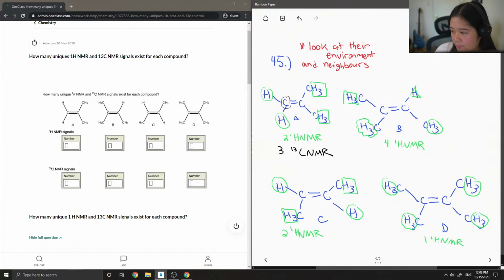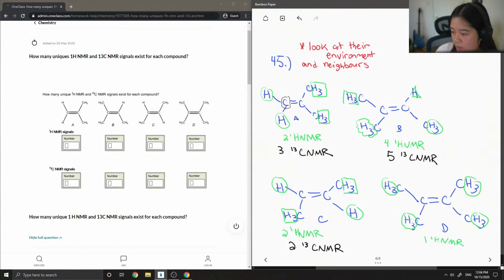Okay, so we'll do the same thing for this. All of these carbons are different from each other, so there's going to be 5 CNMR signals. For this one, these 2 carbons are the same, and then these 2 carbons are both connected to a proton and a methyl group, so you'll only get 2 CNMR signals.